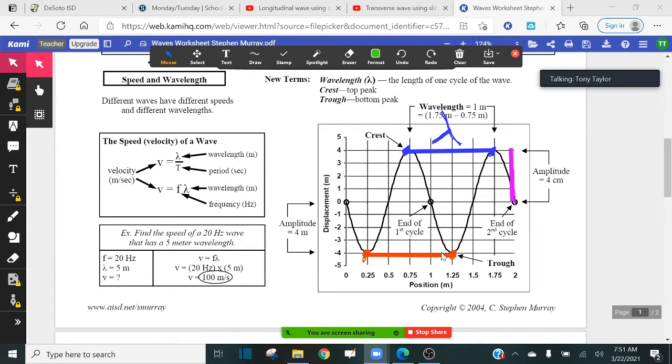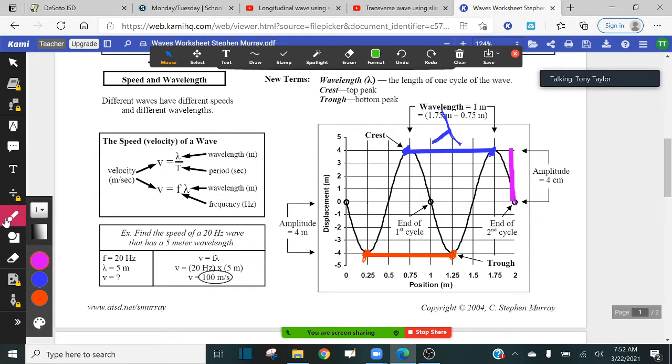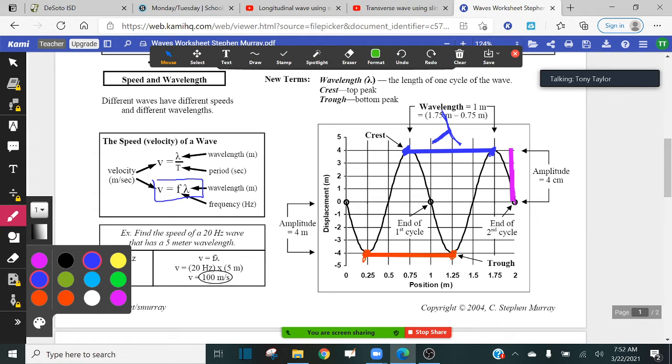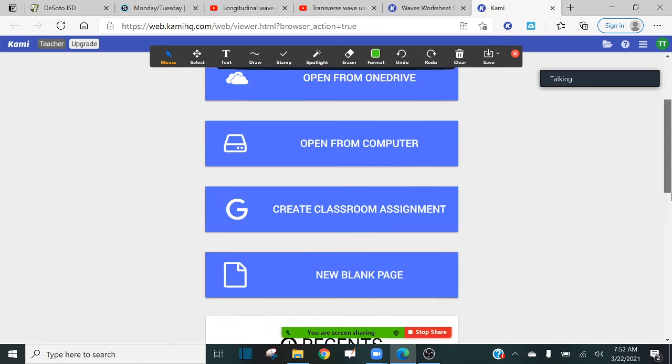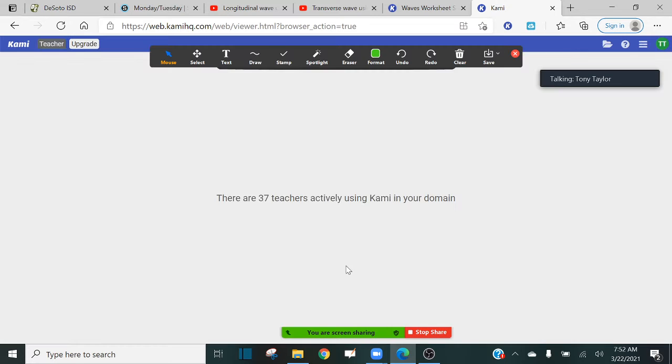Now, here's what we're going to focus on today. Today, we're going to focus on what is known as wave speed, or wave velocity. The speed of a wave, or the velocity of the wave, is equal to, and here's an equation I want you guys to remember, wavelength times frequency. Let me write this down, because this is the equation we're going to be using today.